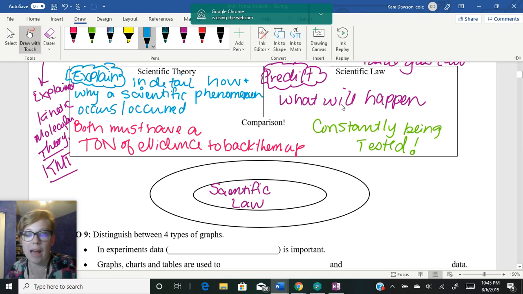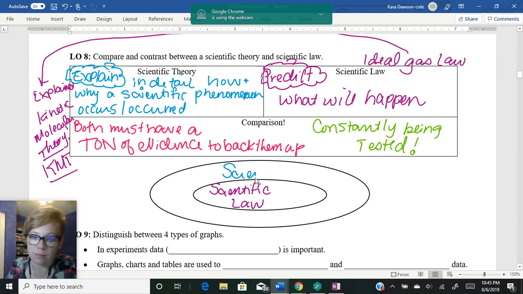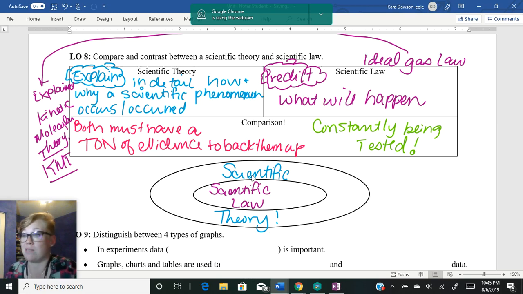It predicts what happens to variables within a gas, but it is encompassed and explained by the kinetic molecular theory. So the scientific theory is this all-encompassing thing, and when we talk about scientific theories, we're talking about something that's probably pretty much set in stone.